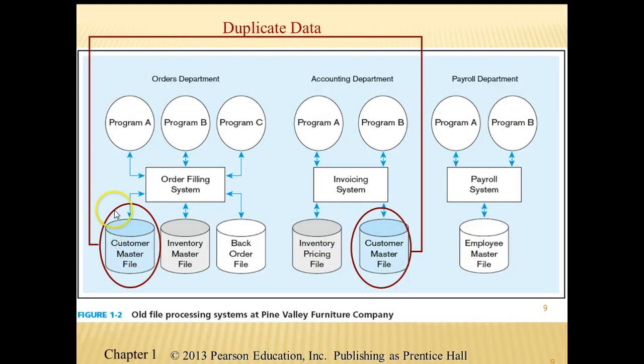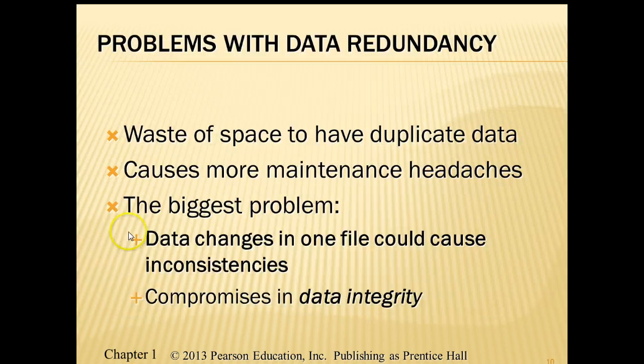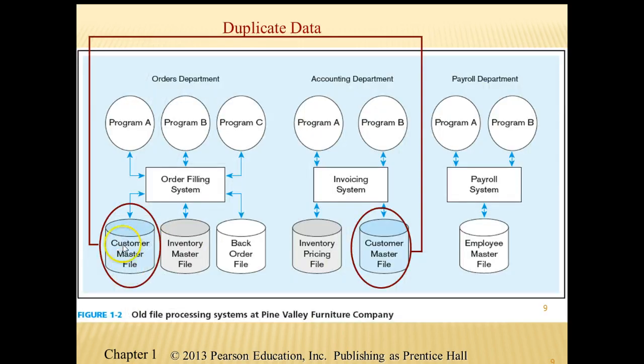So this is kind of an image of that data duplication issue. There's one file here that is the customer master file that's being used by the order filling system, and then there's another file over here called customer master file that is used by the invoicing system.